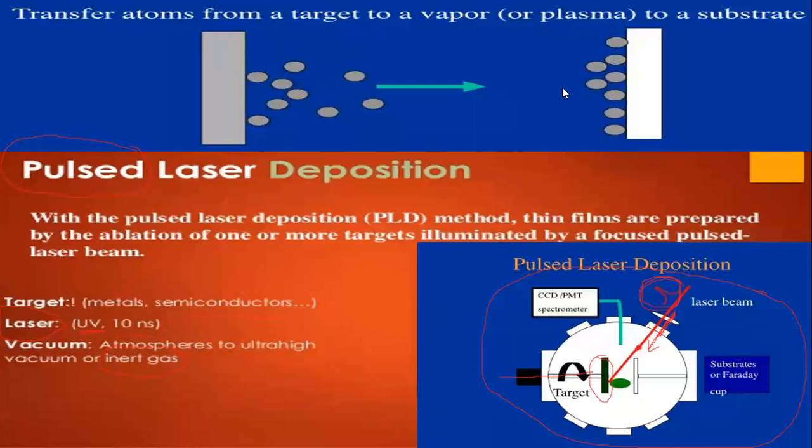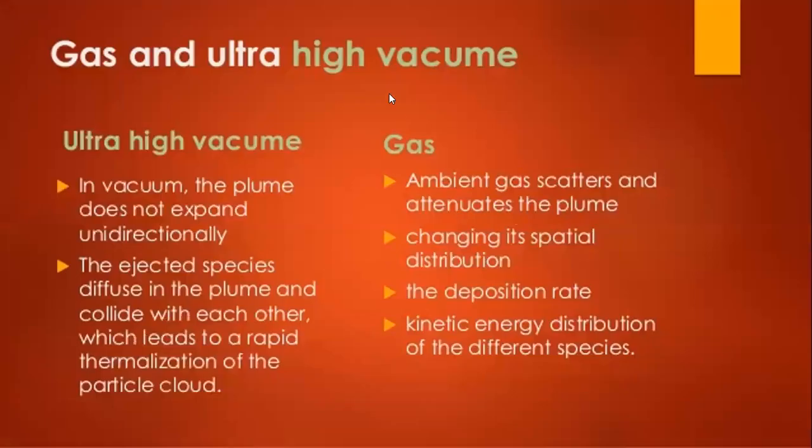Okay, as in figure 1. Which figure 1? This figure. This is figure 1. So this is the process of pulsed laser deposition. Okay, so let's go to the next slide.